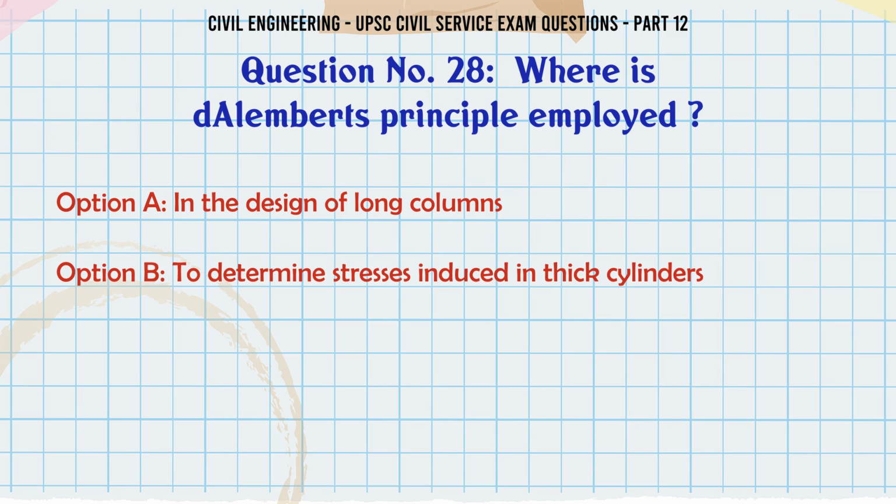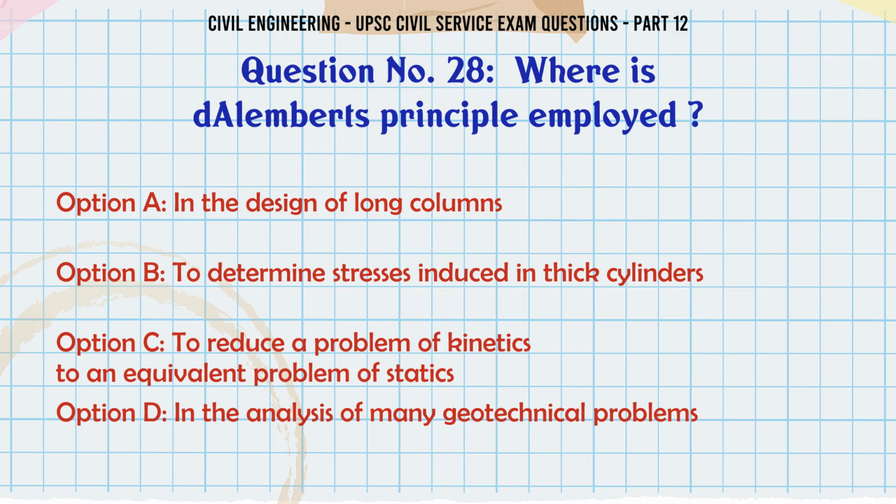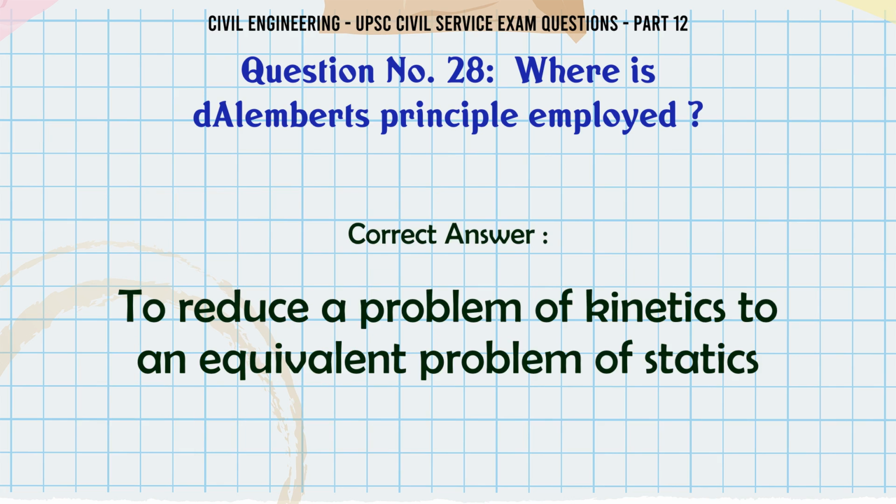A. In the design of long columns. B. To determine stresses induced in thick cylinders. C. To reduce a problem of kinetics to an equivalent problem of statics. D. In the analysis of many geotechnical problems. The correct answer is to reduce a problem of kinetics to an equivalent problem of statics.